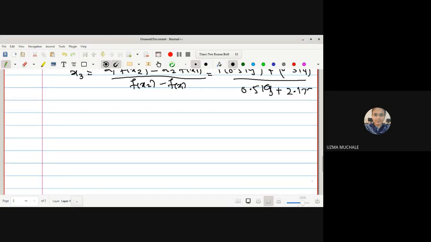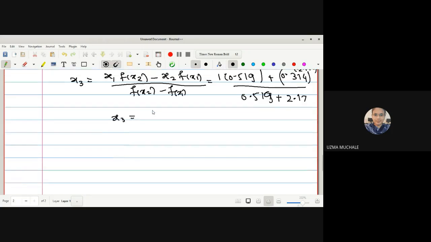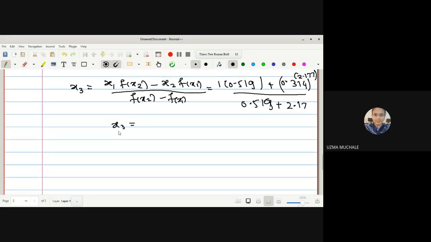Okay, let us now calculate the value of x3. Can you tell me the value of x3 after putting in all these values?